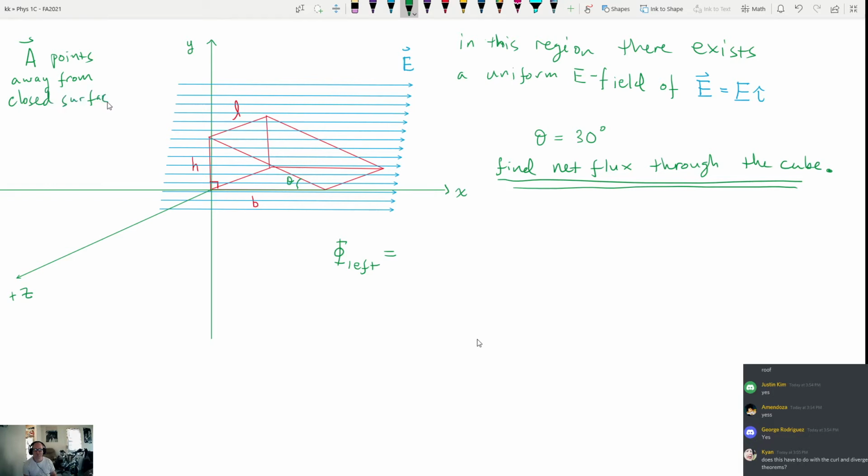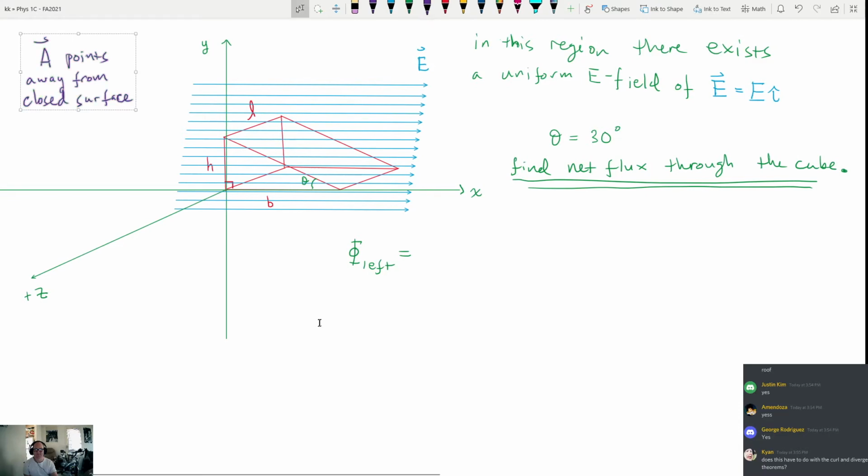If you have a closed surface, your area vectors are going to point away. Let's use a color like purple for this. And on the back face then, the direction of the area vector is going to point like that.